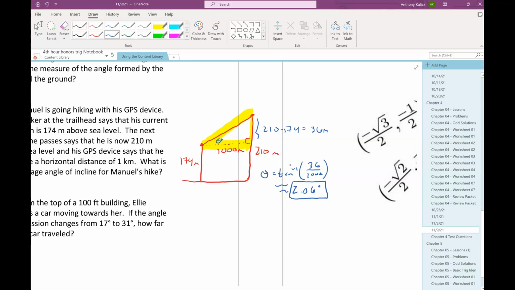Why do you use tan inverse there? Relative to the angle theta here, I know the opposite and the adjacent. Regular tangent takes an angle and gives you a ratio of side lengths. I'm looking for an angle, so I need tan inverse.